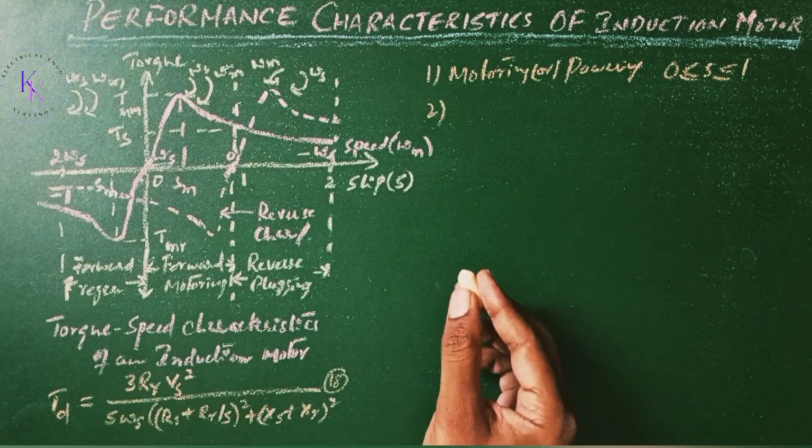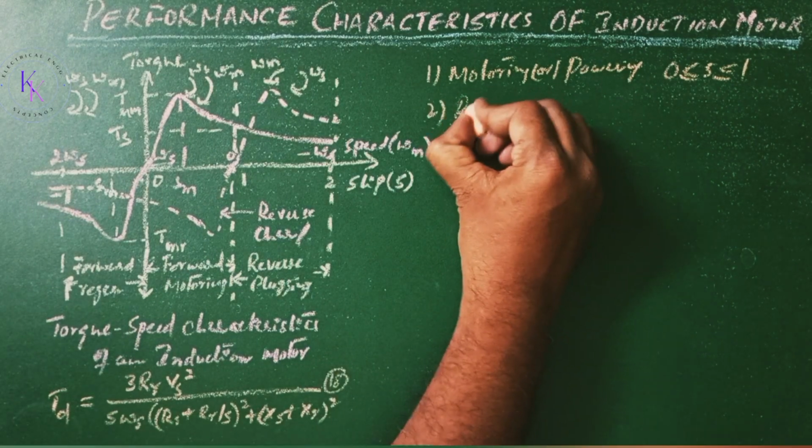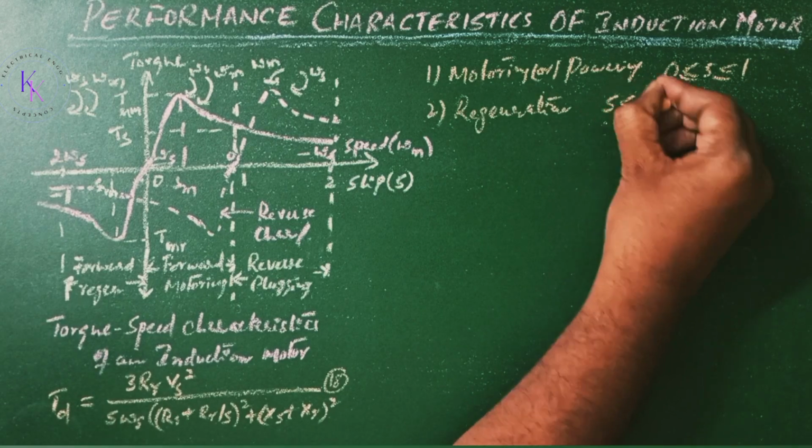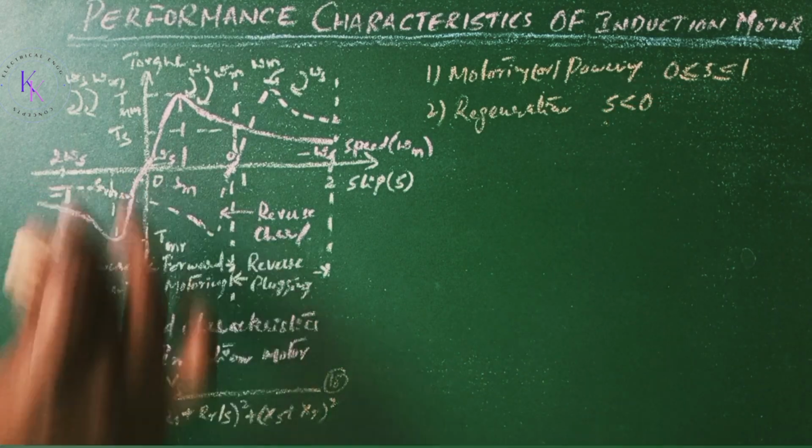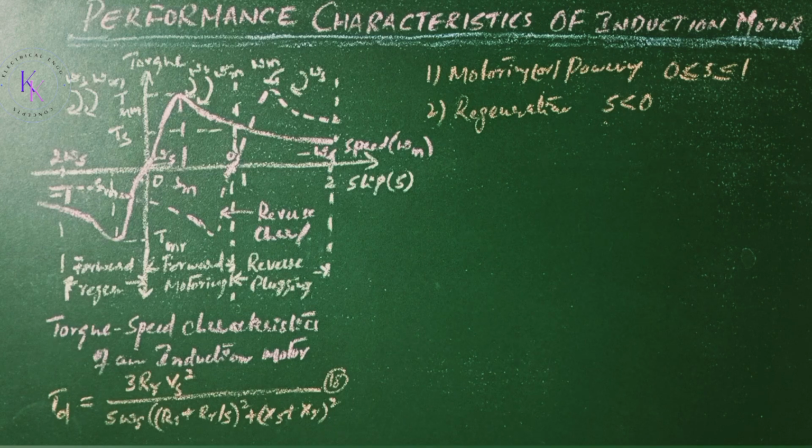The second region is regeneration, where S is less than 0. In regeneration, the speed omega m is greater than the synchronous speed omega s, with omega m and omega s being in the same direction as shown here, and the slip is negative. Therefore, Rr by S is negative.